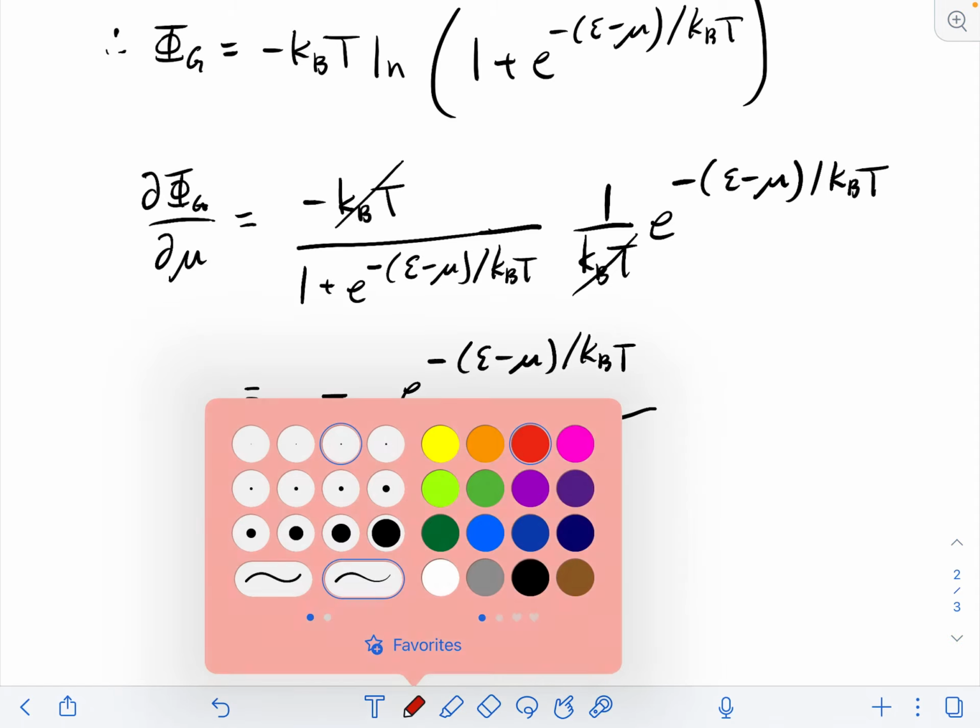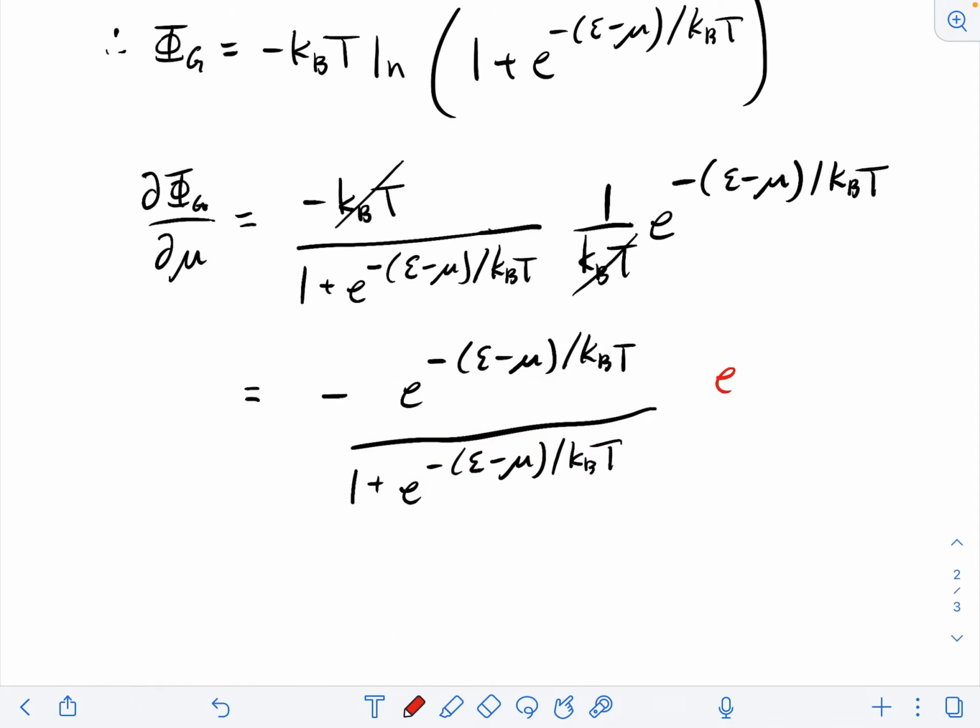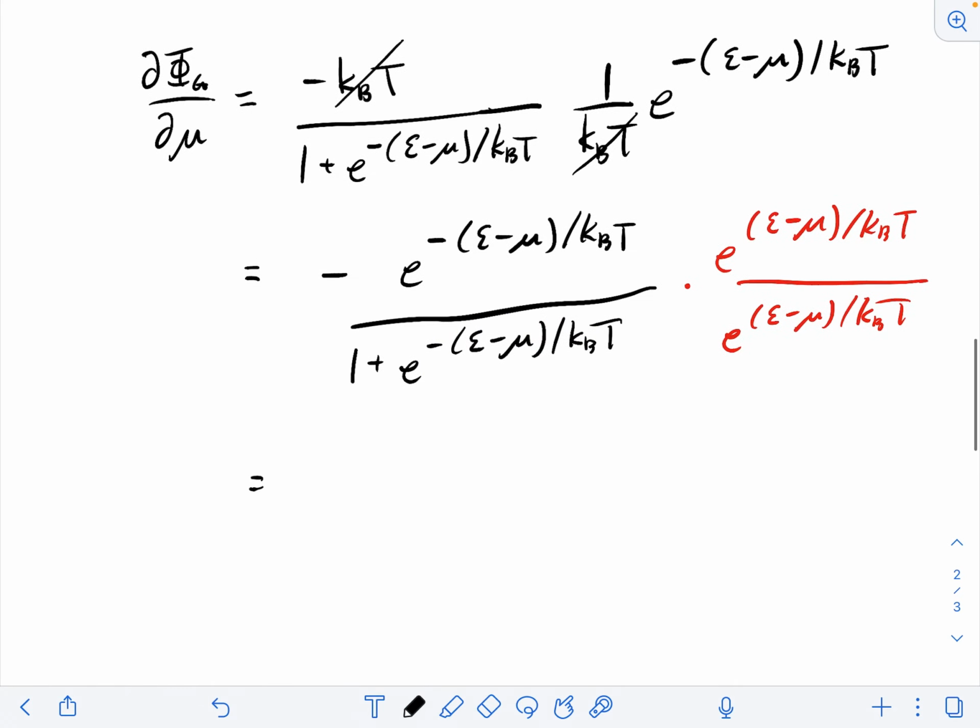We can simplify this a little bit. Let's multiply the top and bottom by the same factor, and we'll make this e to the (epsilon minus mu) over kBT. As long as we multiply by 1, we can do that. And so this is equal to minus 1 over e to the (epsilon minus mu) over kBT plus 1.